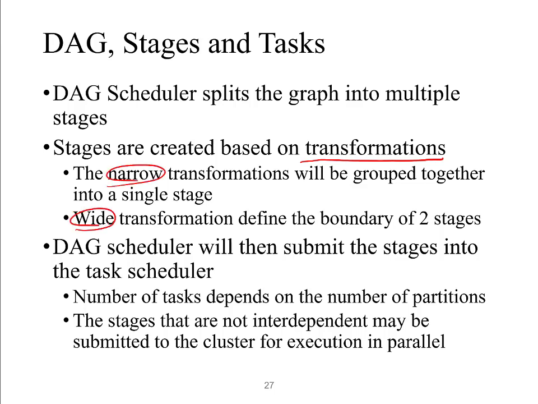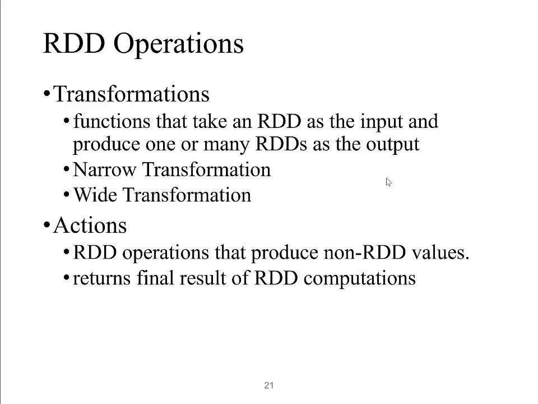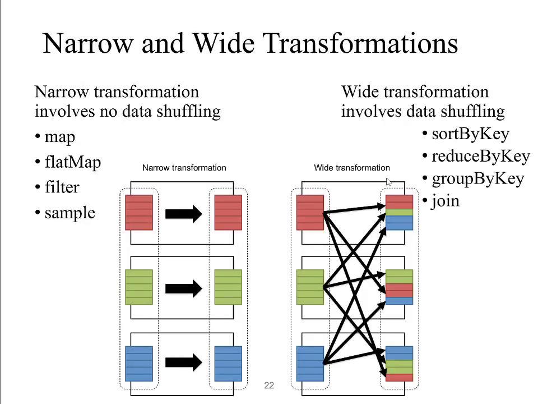The narrow transformations will be grouped together into a single stage, and the wide transformation defines the boundary of two stages. If you still remember, the narrow transformation involves no data shuffling, and the wide transformation involves data shuffling.